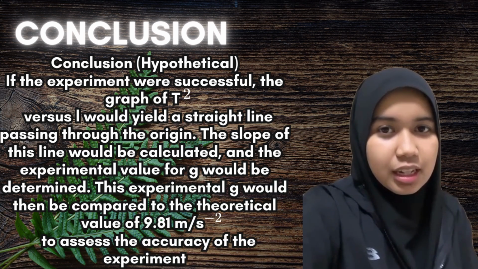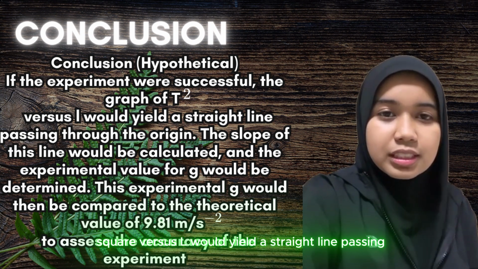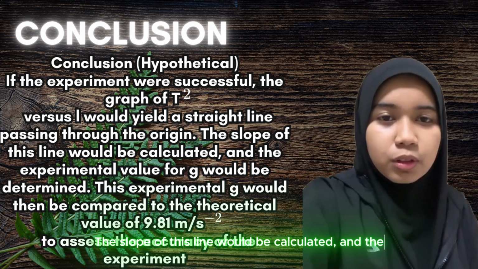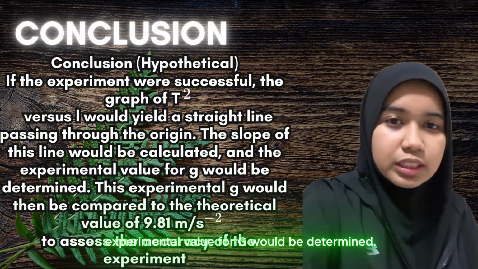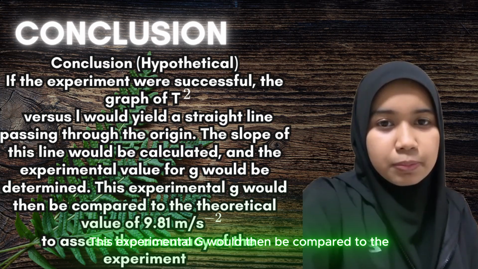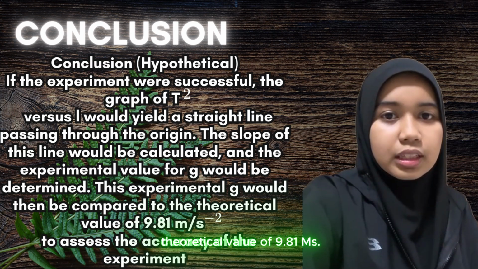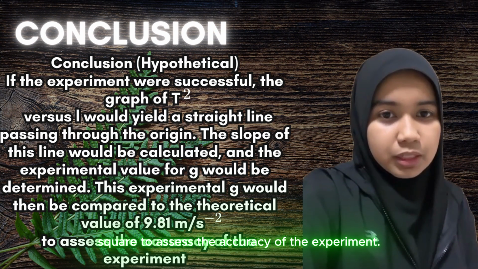Conclusion, hypothetical: if the experiment was successful, the graph of T squared versus L would yield a straight line passing through the origin. The slope of this line would be calculated, and the experimental value for g would be determined. This experimental g would then be compared to the theoretical value of 9.81 m/s² to assess the accuracy of the experiment.